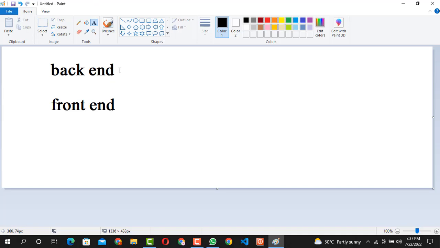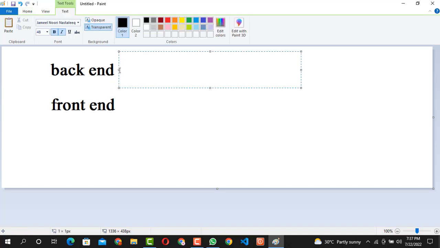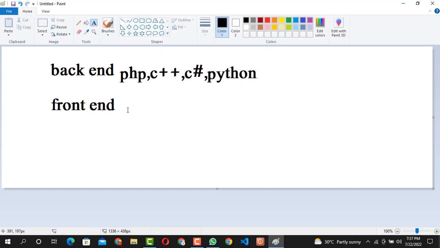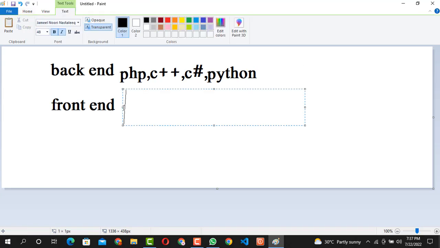For the purpose of backend there are several languages that are used, like PHP, C++, C# and Python. For the purpose of front end, the mainly used language is HTML.